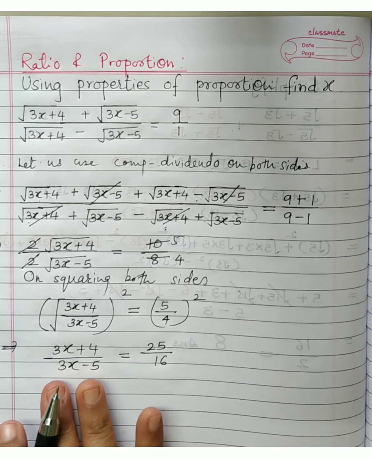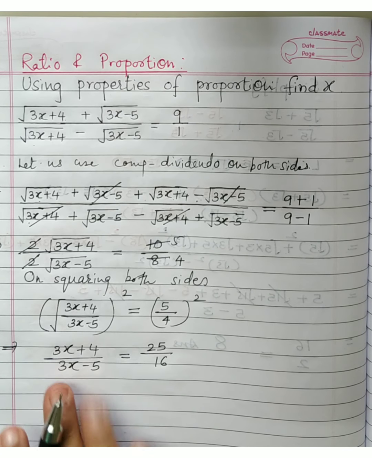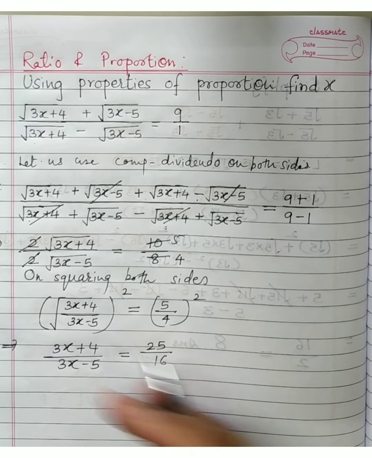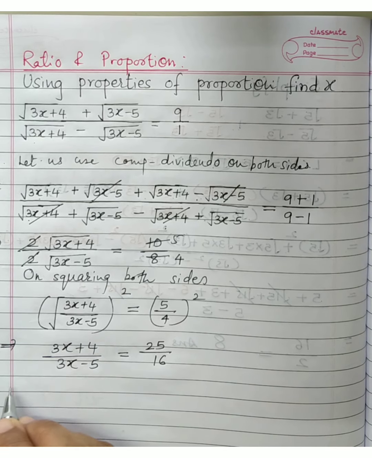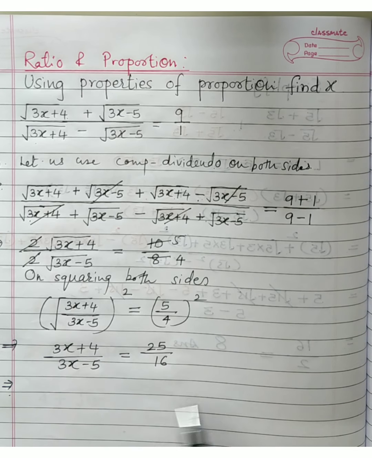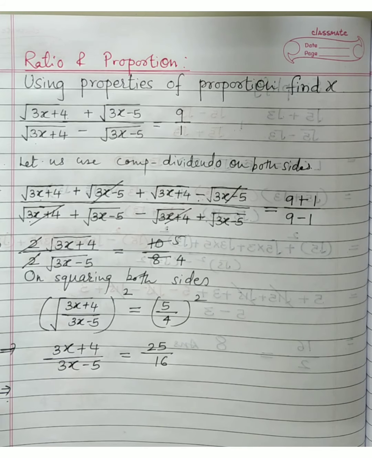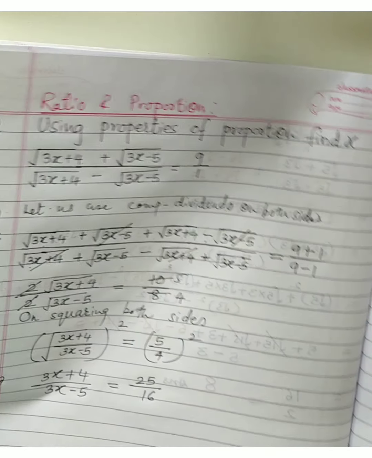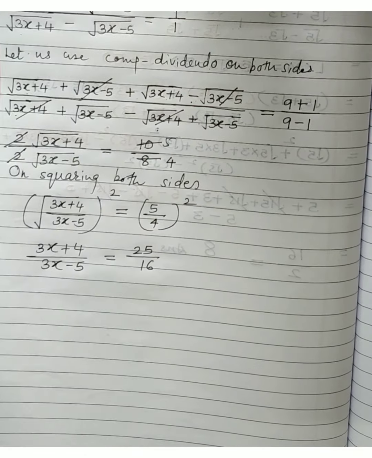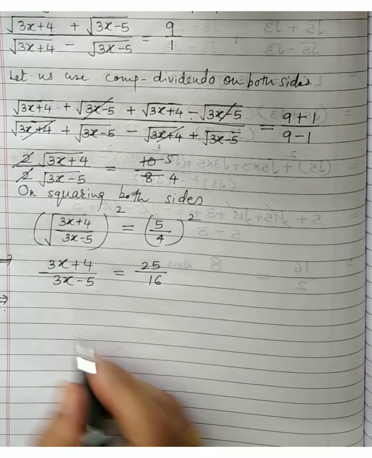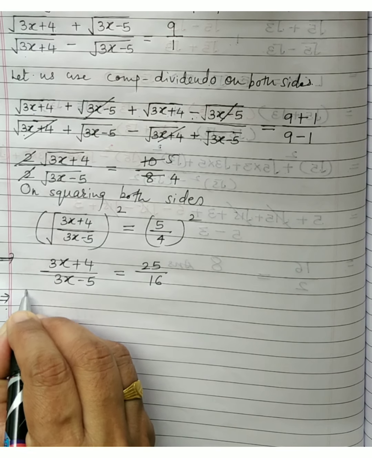Again, can we use componendo dividendo for the elimination part? Answer is yes, 3x can be eliminated. You may go for cross multiplication, but how do I understand that I can go for using componendo dividendo for simplification? It is whether I have got some like terms which on subtracting get cancelled. That is the purpose. So again using componendo dividendo.